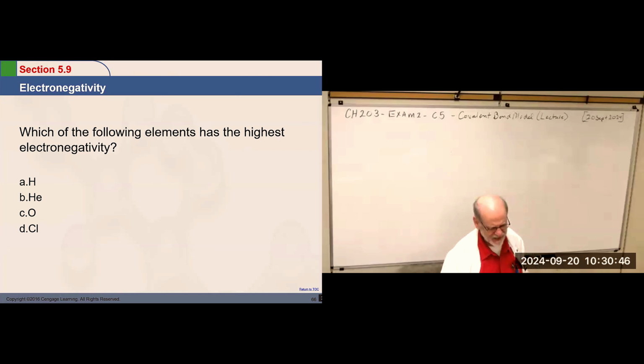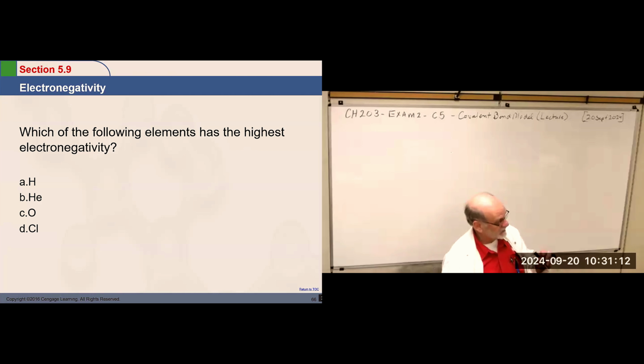So which of these has the higher electronegativity? Well, let's see. You can discount noble gases because they're perfectly happy. They've got all the electrons they need, and whatever positive charge they have in the nucleus is being shielded. They don't even count. They are the lowest electronegativity.